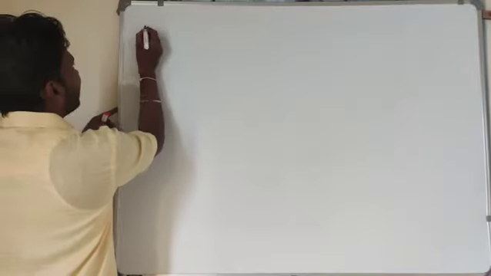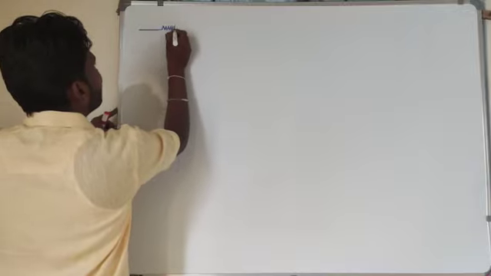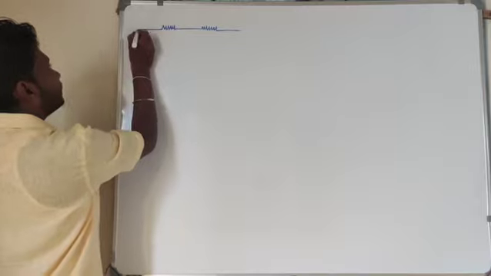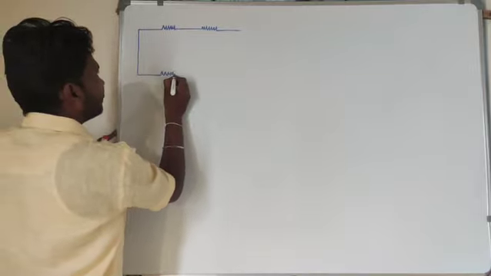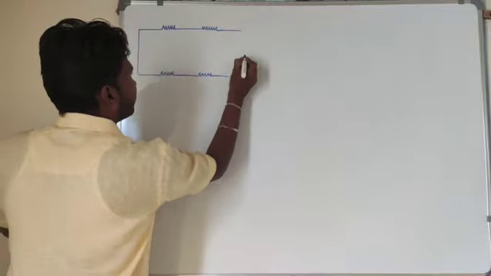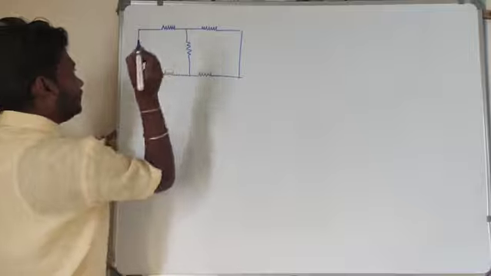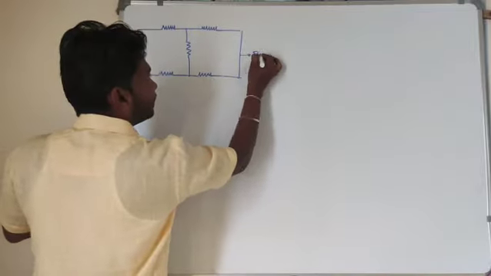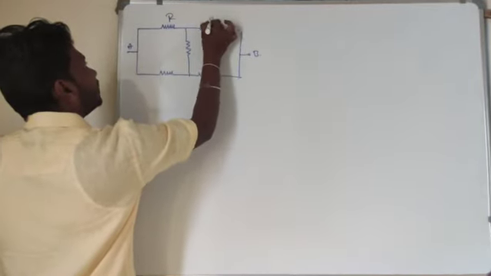For example, again I will take one circuit here. Allow me to draw the circuit. Similar example I will take. Here I will take terminal A and here terminal B. Here R, here 2R, here R, here 2R.